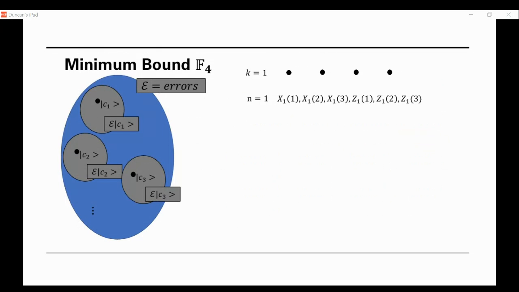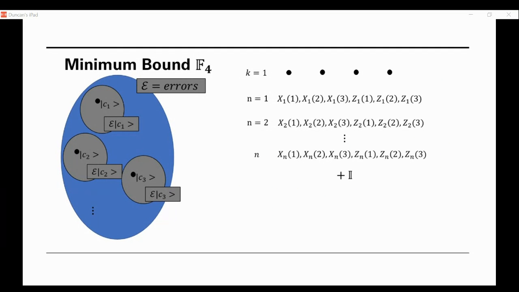Well, if we're embedding it into a 1 qubit system, there's 6 errors we have to contend with. We go up to another one, got 6 more errors, all the way up to n. And so then we end up with 6n plus 1 possible errors that we have to worry about, because obviously we want to protect against no error happening, because that's kind of trivial.